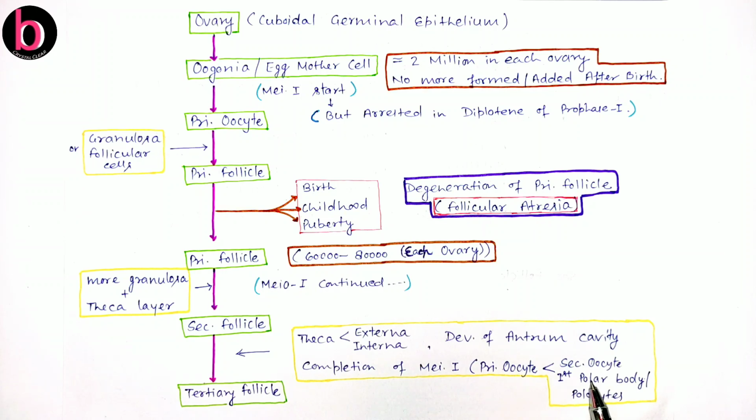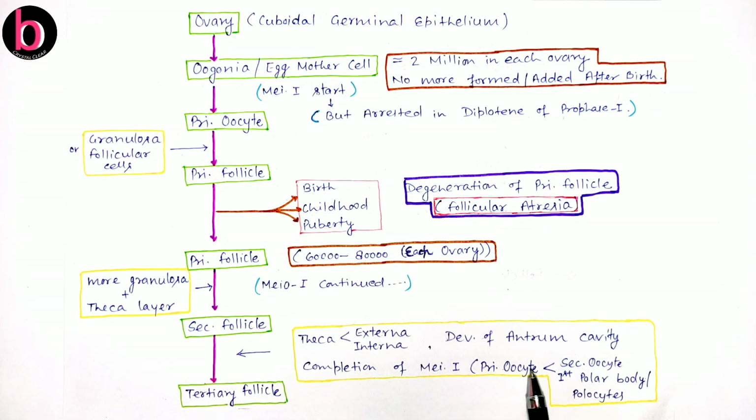So this is non-functional, or it will die after some time. This is known as the first polar body or polocyte. So the tertiary follicle is actually carrying a secondary oocyte.